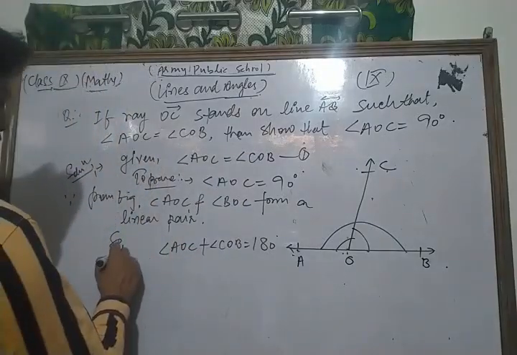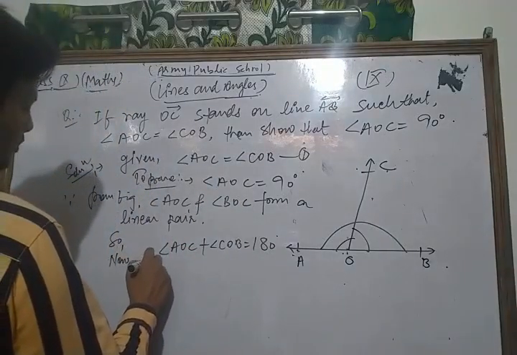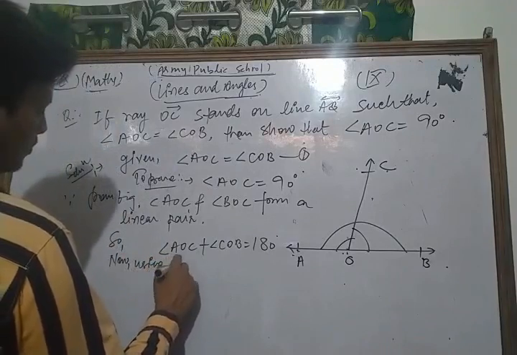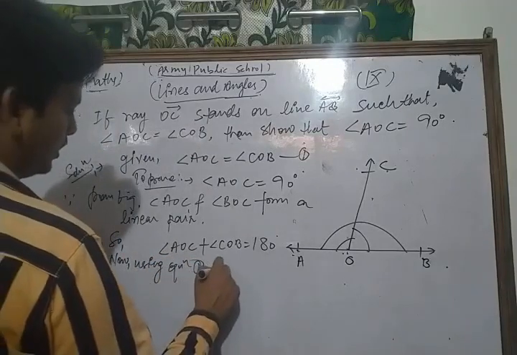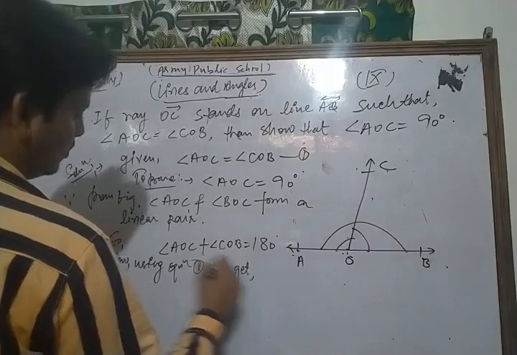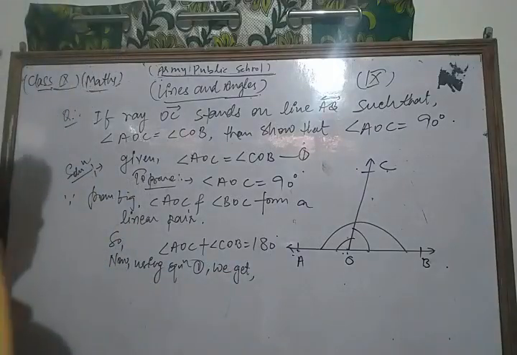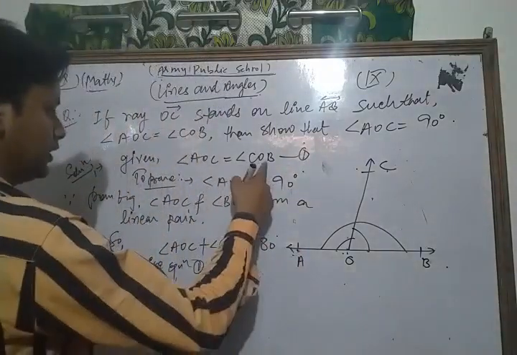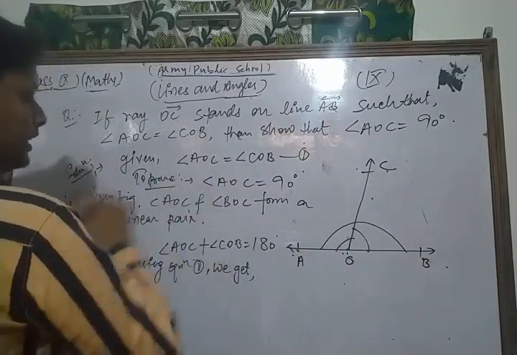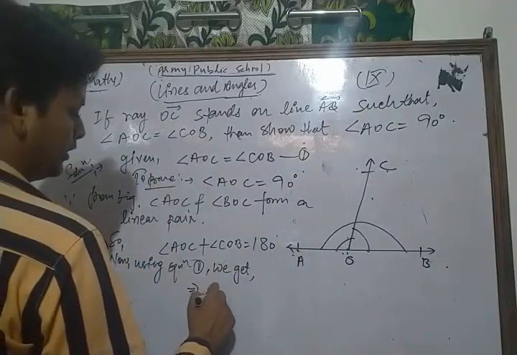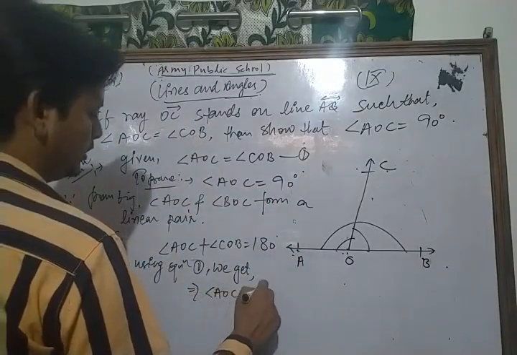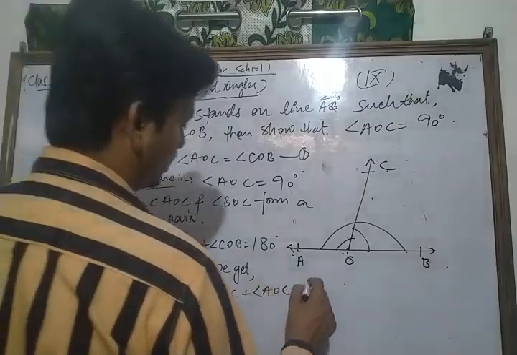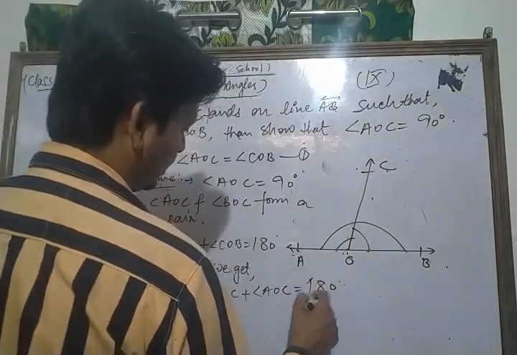Now using equation 1, in angle COB we put angle AOC, so we get angle AOC plus angle AOC is equal to 180 degrees.